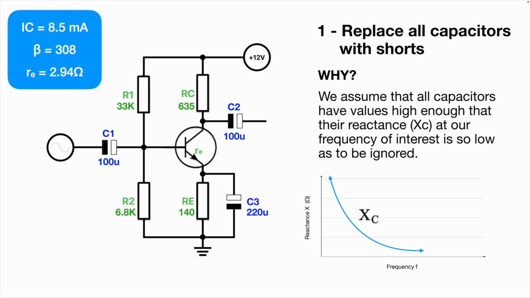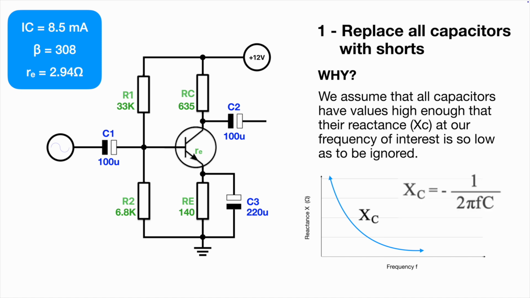And actually, capacitive reactance decreases with frequency. So we're going to assume that the capacitive reactance is so low that we can basically ignore it, and those capacitors will just look like short circuits to our AC signal.